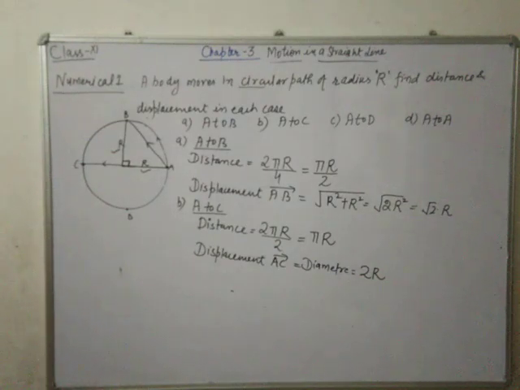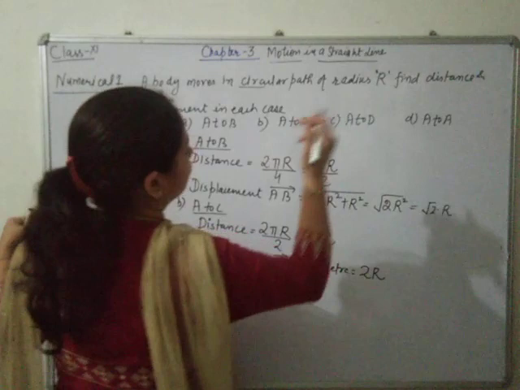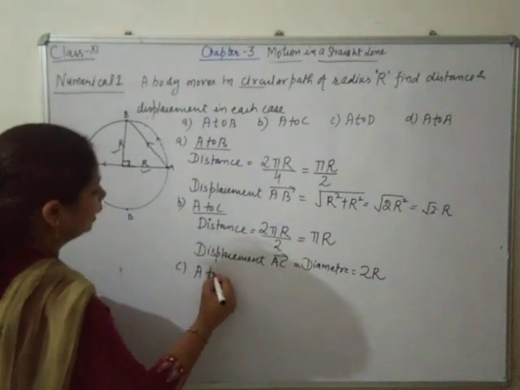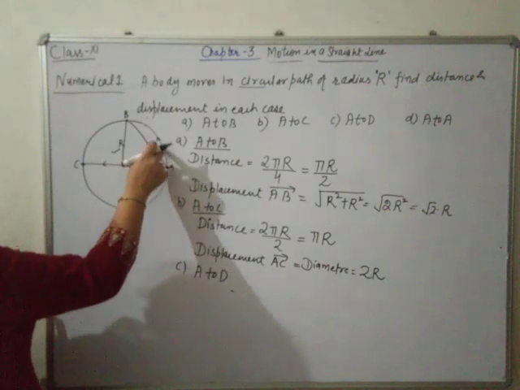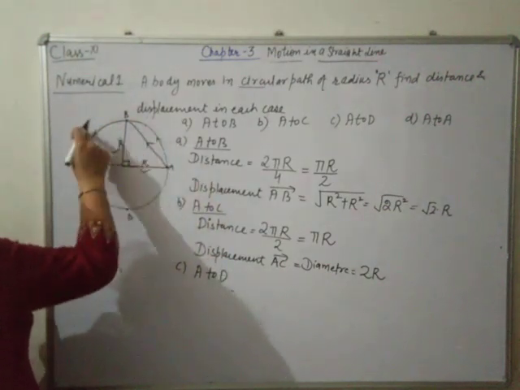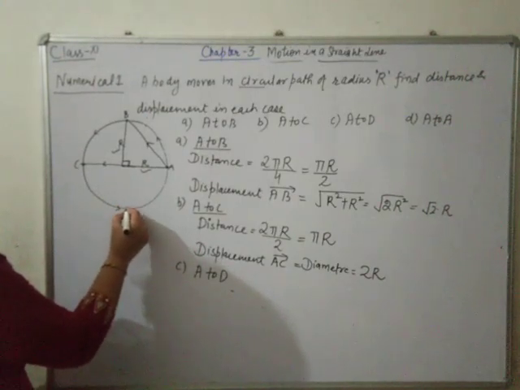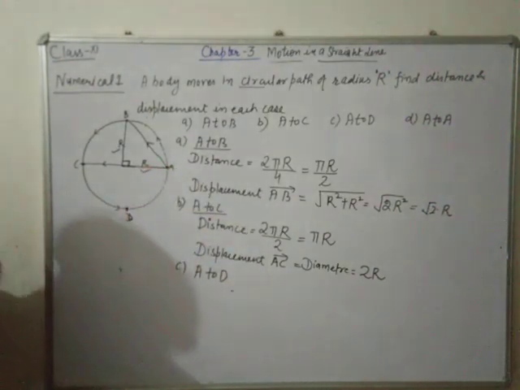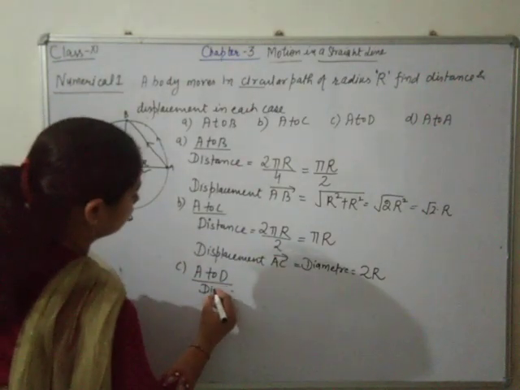Okay. Now in the third case, we have to find out distance and displacement from A to D. The body has started from A, moving in anti-clockwise direction, and reached the point D. We have to find out distance and displacement. What will be distance?